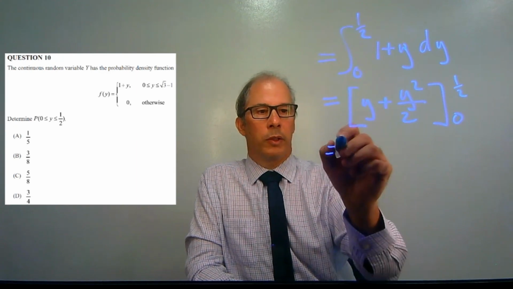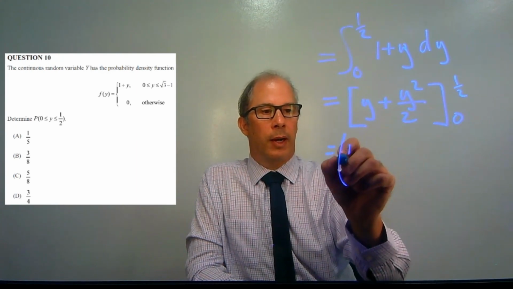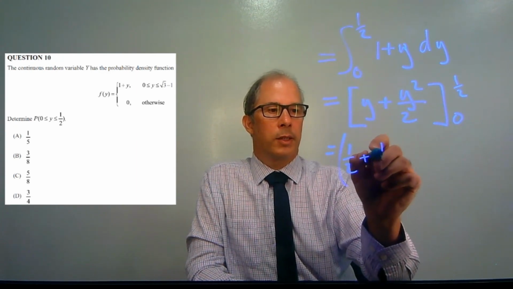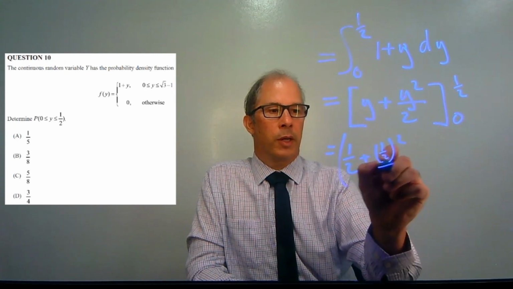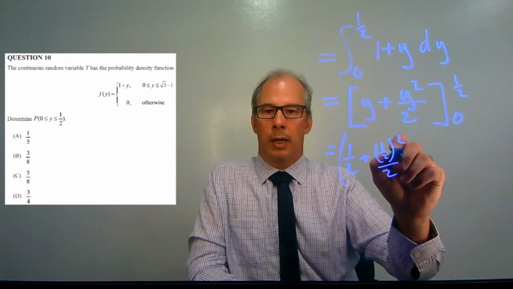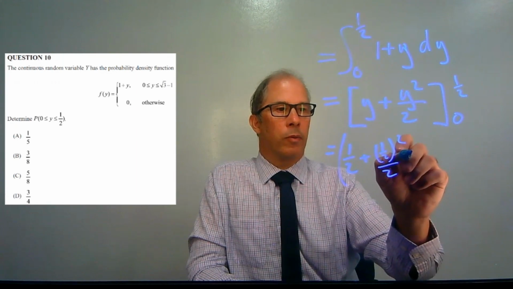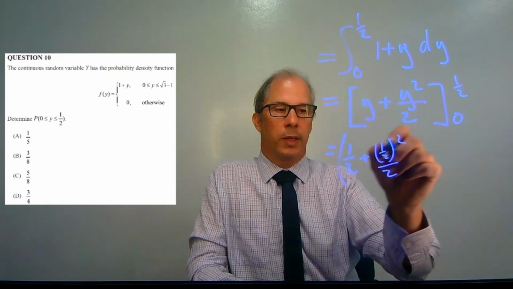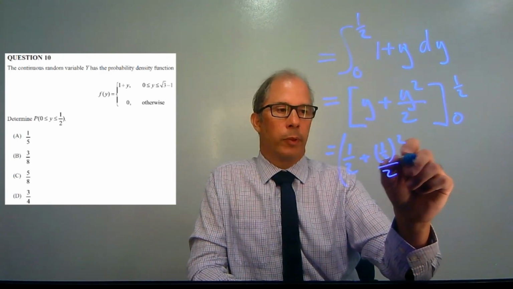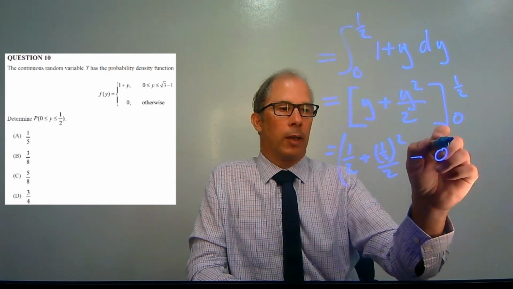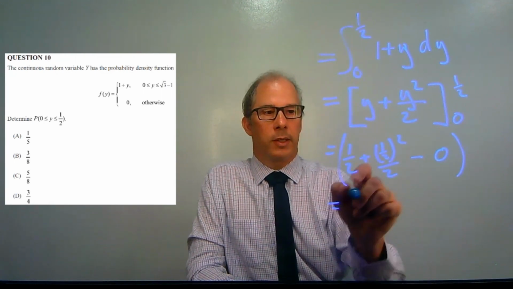So now we're going to do some substitution here. We've got a half plus a half squared over 2, and then we're going to substitute 0 in there. So really we're subtracting 0, so we're done. We can just simplify this.